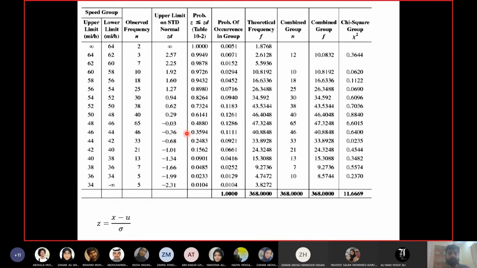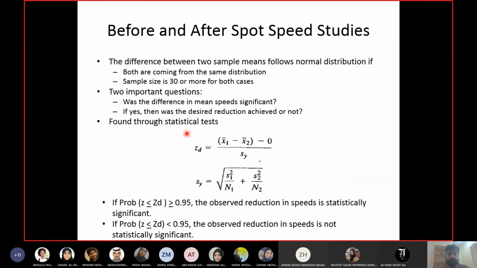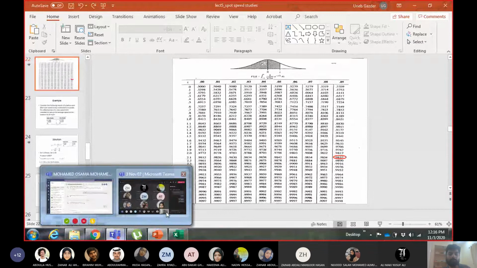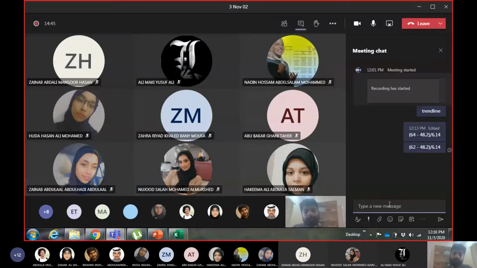First of all, 0.03. Go to the z table, find out the probability of 0.03. Where is 0.03? 0.0 is here and 0.03 is here. So the probability is 0.5120. The probability of plus 0.03 is 0.5120. What will be the probability of minus 0.03? It is the complement.